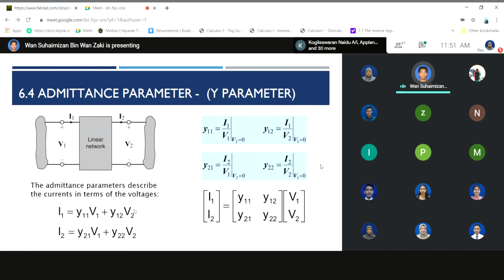If you apply V1 equals 0, means you short circuit at port number 1, you can get the ratio I1 over V2 for Y12, and for Y22, the ratio is I2 over V2. So you need to determine all the Y parameters according to these equation ratios.